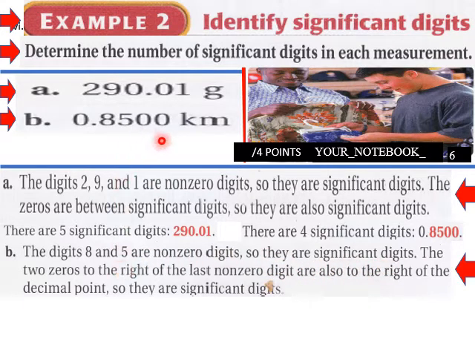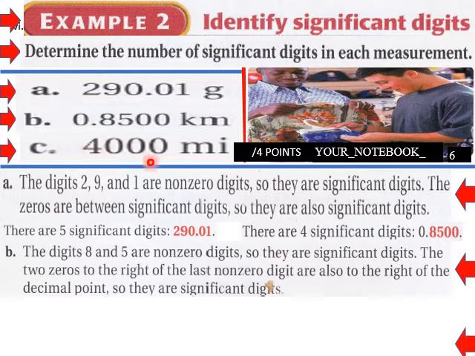The 2 zeros to the right of the last non-zero digit are also to the right of the decimal point, so they are significant digits as well. This tells you how accurate the measurement is. If it kept going out here 0, 0, 0, 0, even though that might be a little redundant, it tells you how precise the measurement is, and therefore they are significant.